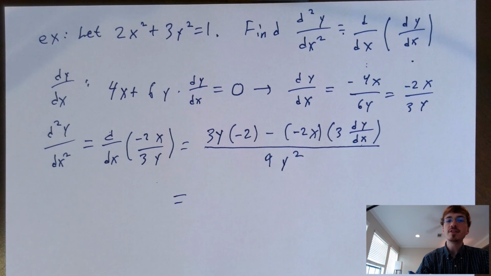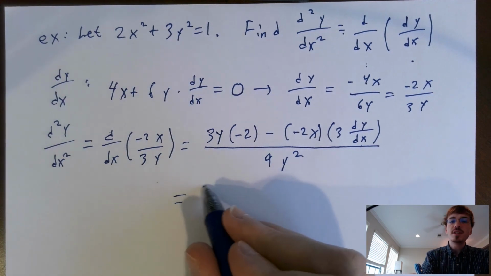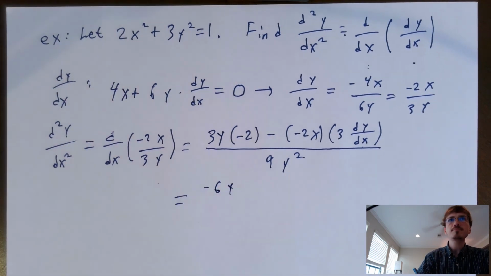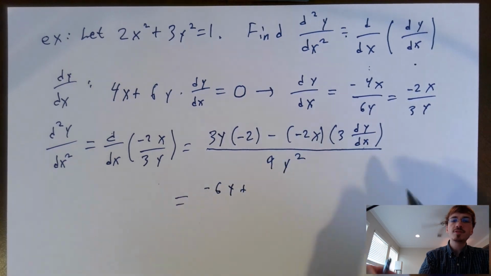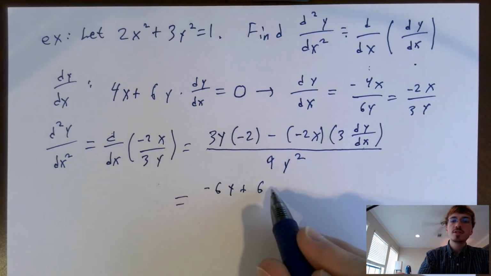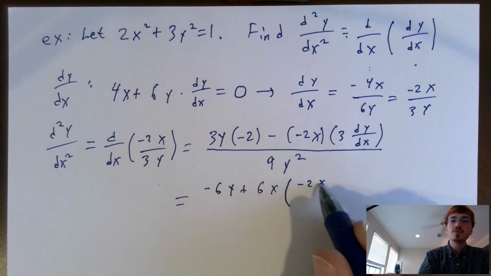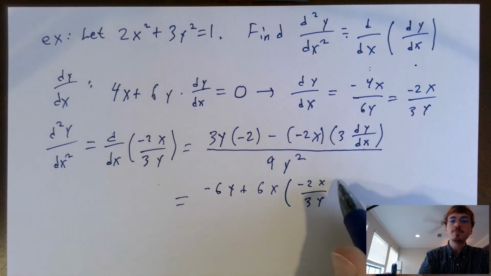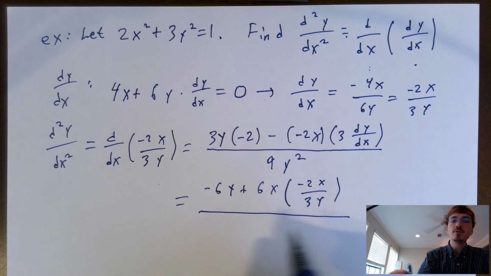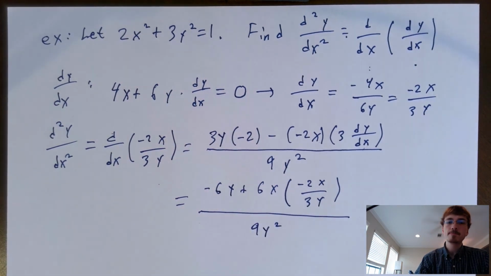So we can simplify this a little bit. We see that this is negative 6y plus 6x times negative 2x divided by 3y, all divided by 9y squared. And let's keep simplifying.